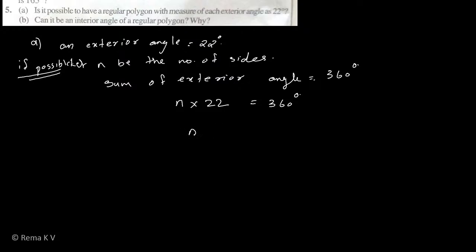Okay. So n is equal to 360 divided by 22. Find out the answer now.